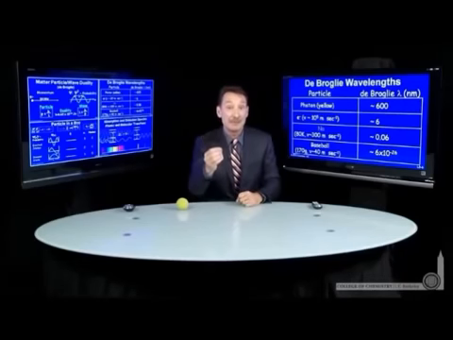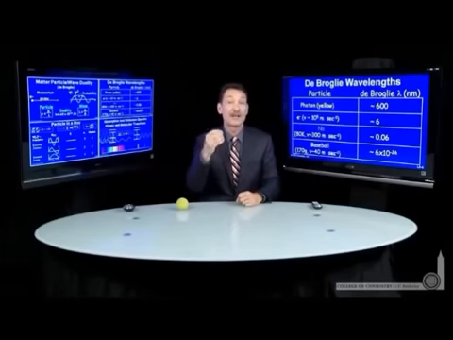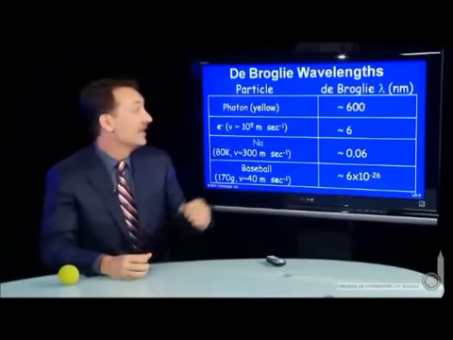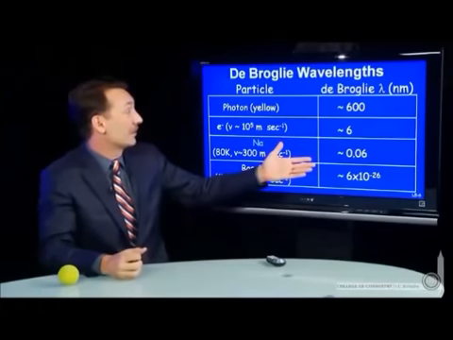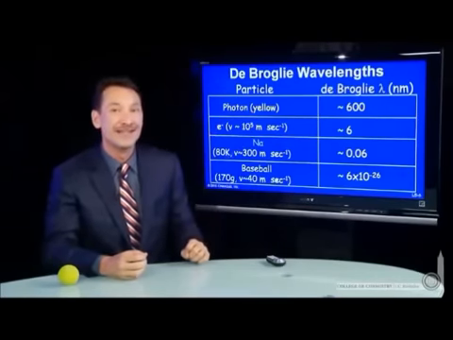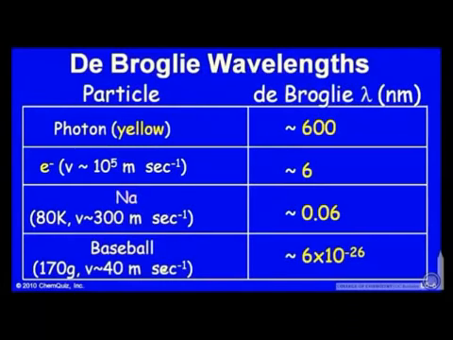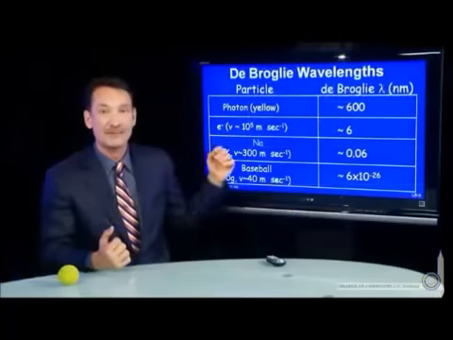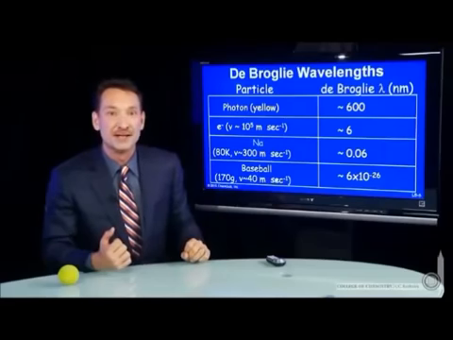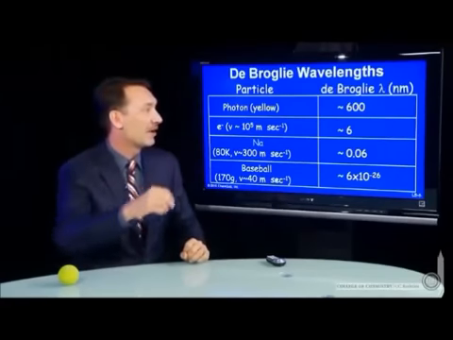Let's look at some concrete examples to see actual particles and what their de Broglie wavelength would be. Here's a list of particles and their de Broglie wavelengths. A photon, now that's a particle of light. That obviously has a wavelength that we've talked about. A yellow photon, its de Broglie wavelength, 600 nanometers. How about an electron moving at 10 to the 5th meters per second? So an electron just zipping along in space.